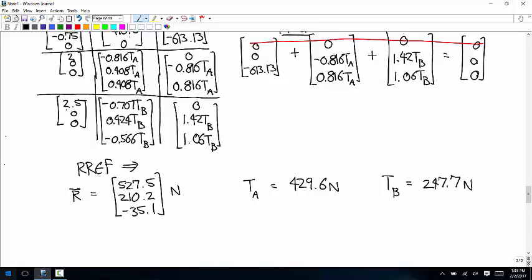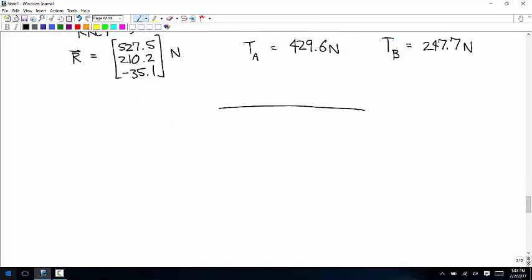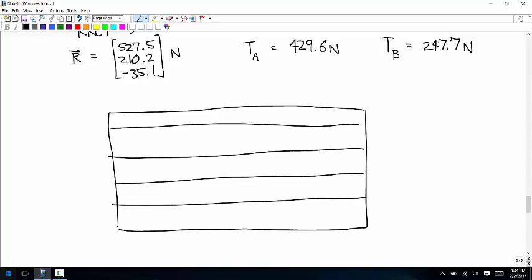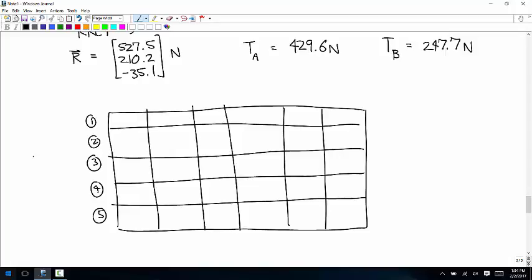So the layout of the matrix would be like this: you'd have 5 rows, and each one of those represents one of the equations, and then 6 columns, and they would represent Rx, Ry, Rz, TA, TB, and then the constants.